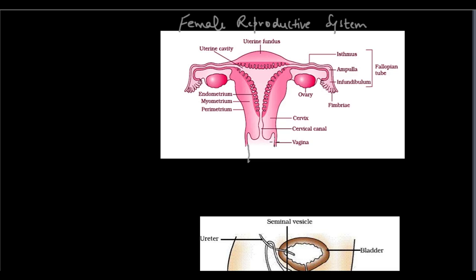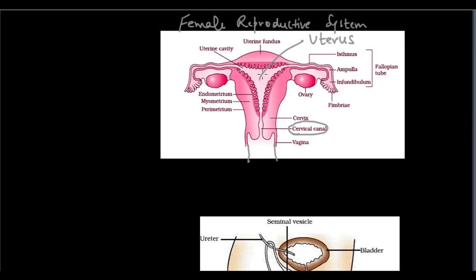From the vagina, there is a canal called the cervical canal, and then we finally reach the cervix, this region of the uterus. This whole region here is known as the uterus, right?